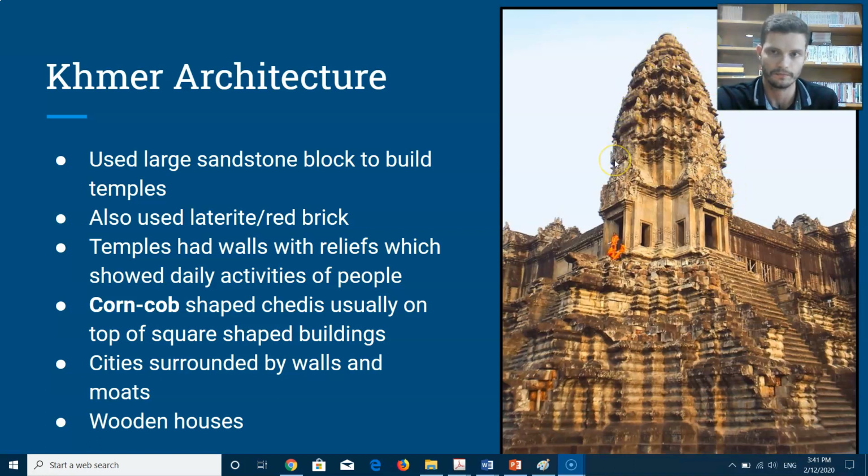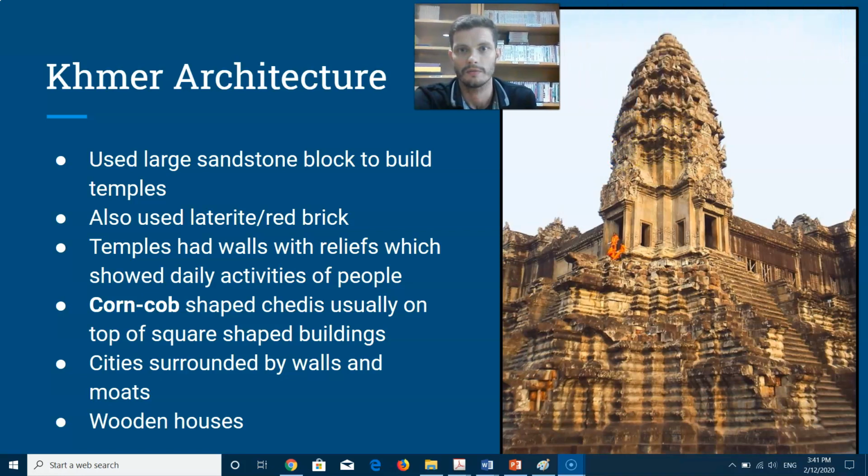So if you see a temple with a prong or chedi that has this shape and these features, kind of looks like a piece of corn, really, then you know it's either Khmer or influenced by the Khmer people.